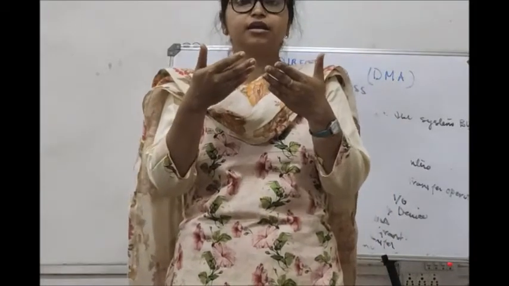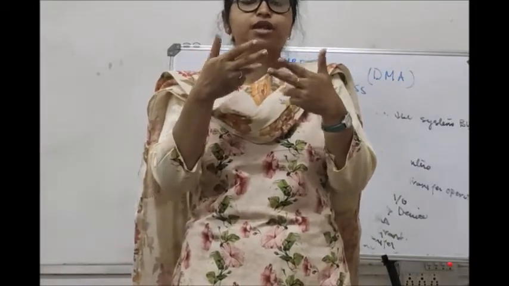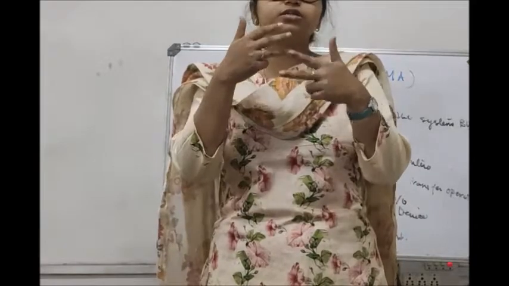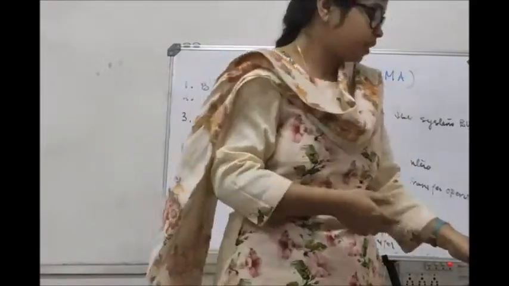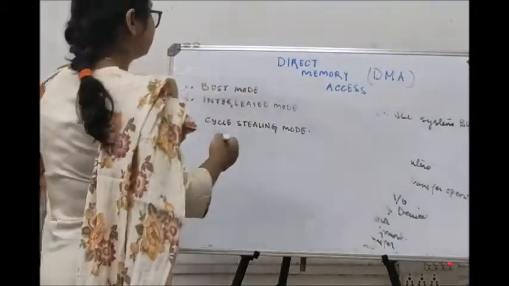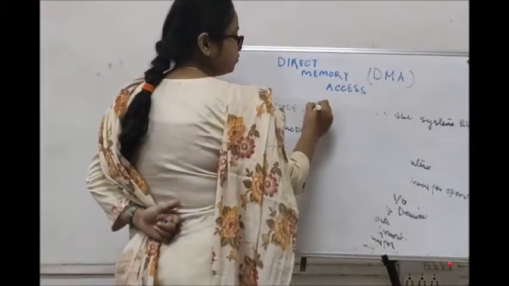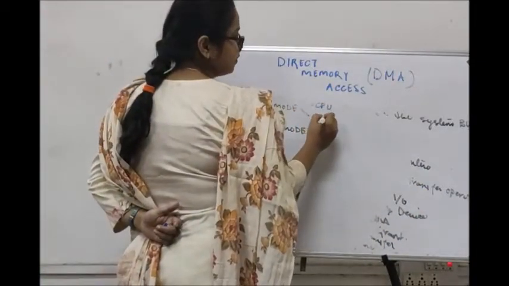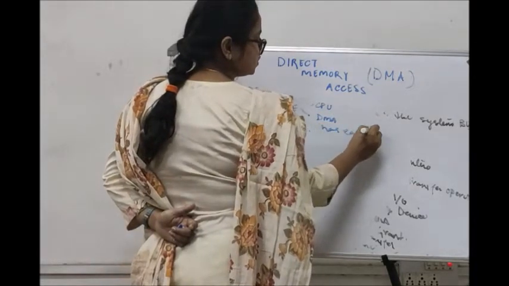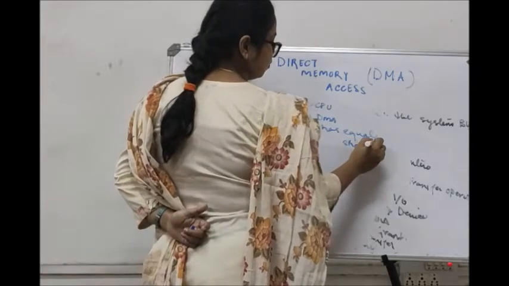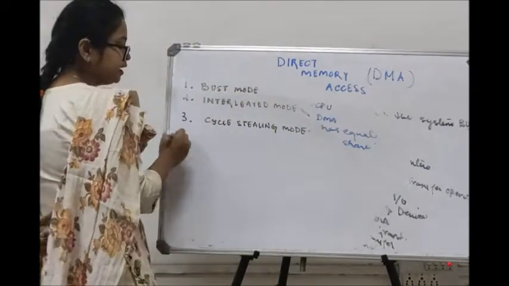That means interleaving. Suppose there are 3 persons, then 3 persons will equally share the resource. So interleave fashion means CPU and DMA have equal power or equal share, and they will work in interleaved fashion.